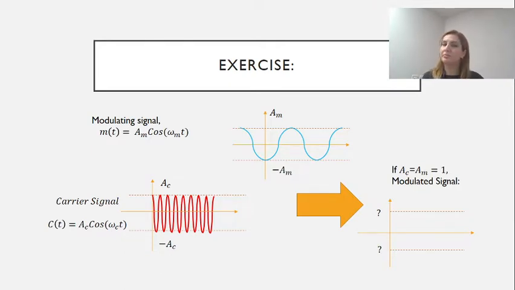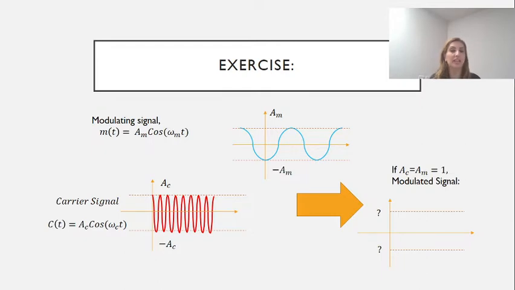I'll just give you a few minutes and then I'll draw it myself. Just grab a piece of paper and try to do that exercise. And remember, we are looking at an FM modulation signal.